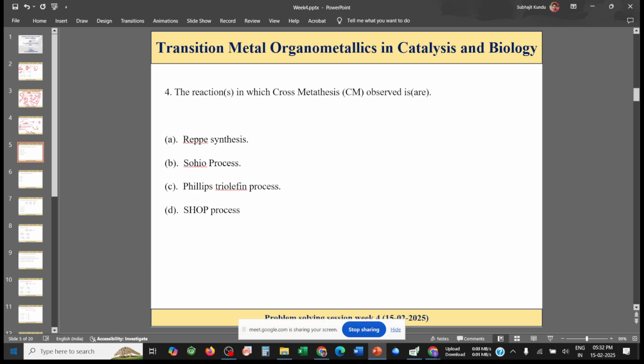So this does not happen in the Reppe synthesis. You can also cut it. The Chope reaction and the Phillips triolefin process we have not read yet. So this will be the process for the cross metathesis reaction.